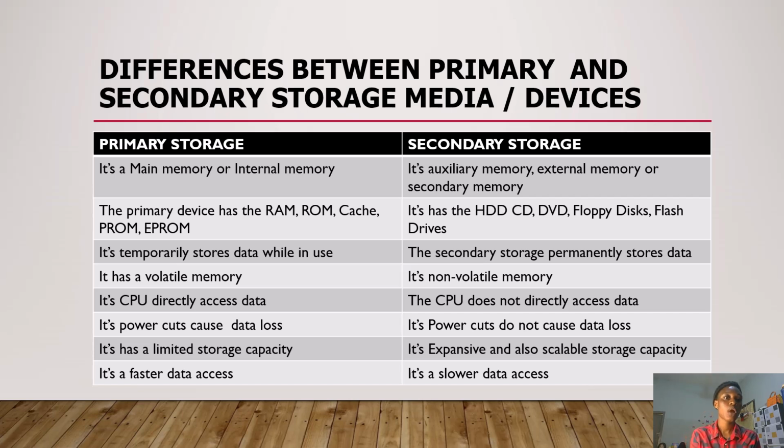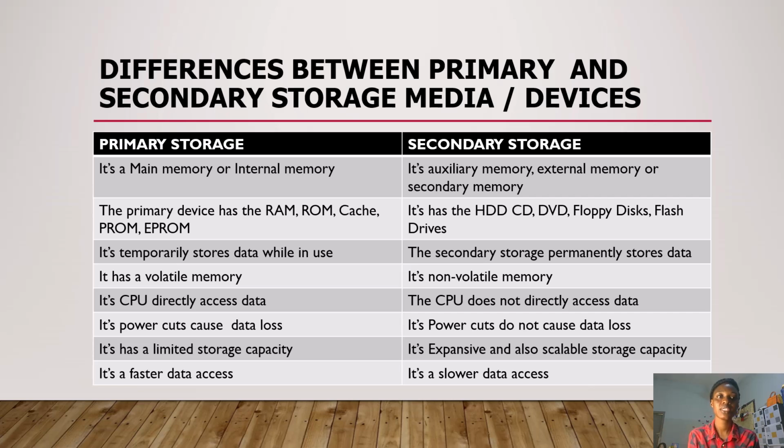So our third point for the difference is the primary has temporary storage whilst in use. When our system is running, whatever information we are working with on the system, the primary storage device lets the system run fast, but it wouldn't store data for long.